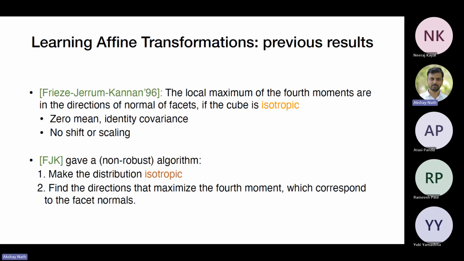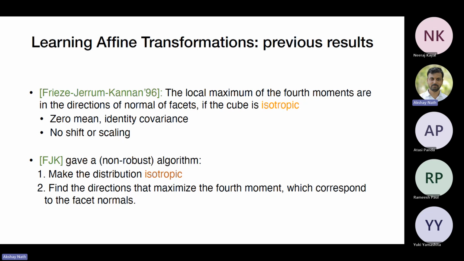So when you try to maximize over directions, it will pull out the basis vectors one by one. That will be a local maximum, and one by one you get all of them.